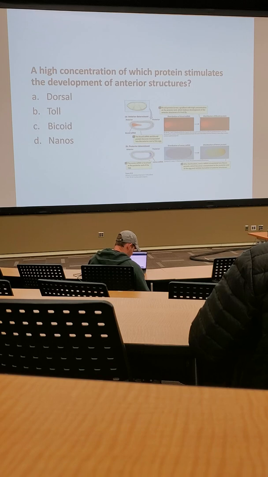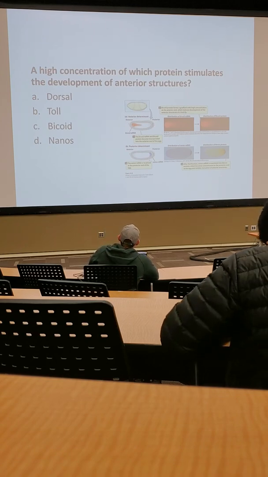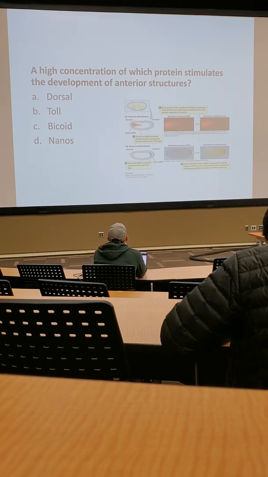So read this type of graph. What does it tell you? There's a high concentration of which protein to stimulate anterior structures? I just told you, but hopefully you can read this and figure it out.